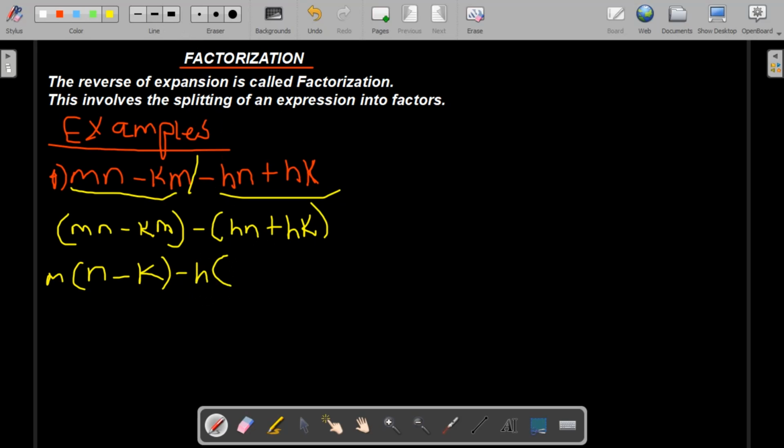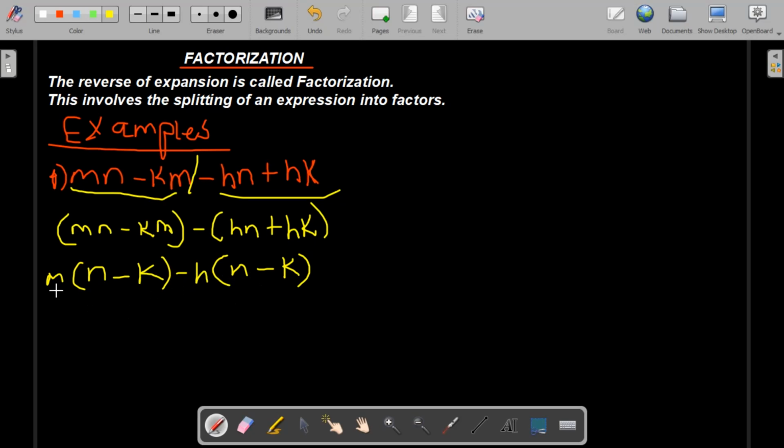Then open bracket: the negative stays, h and h cancels, we remain with n, and then negative multiplied by positive is negative, h cancels, we remain with k. So what we have remained with here is n minus k, and here in the bracket, n minus k, meaning the same. If these two in the brackets are the same, then we are correct.